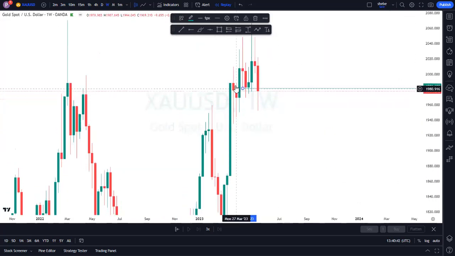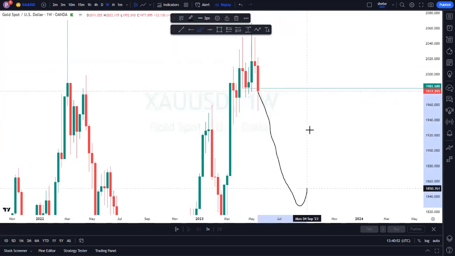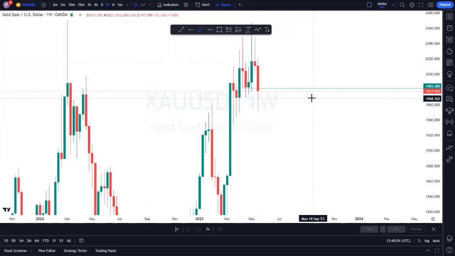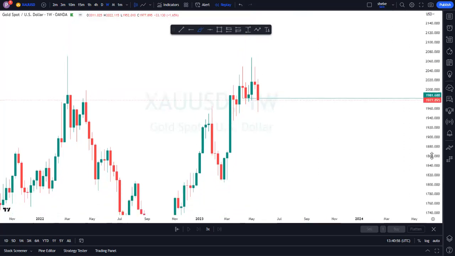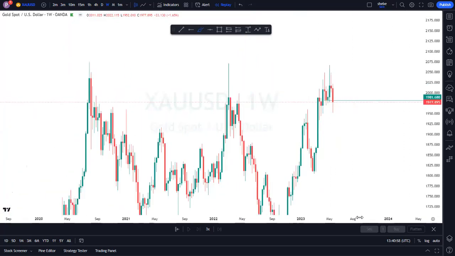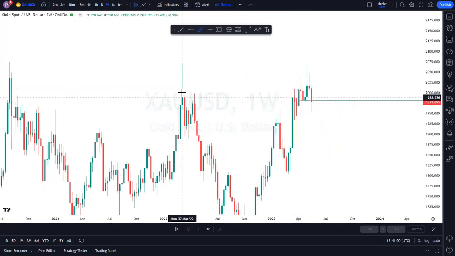But this break tells us that we have finished this impulsive move. We're expecting a little bit of push to the downward here to finish our correction phase before going up.